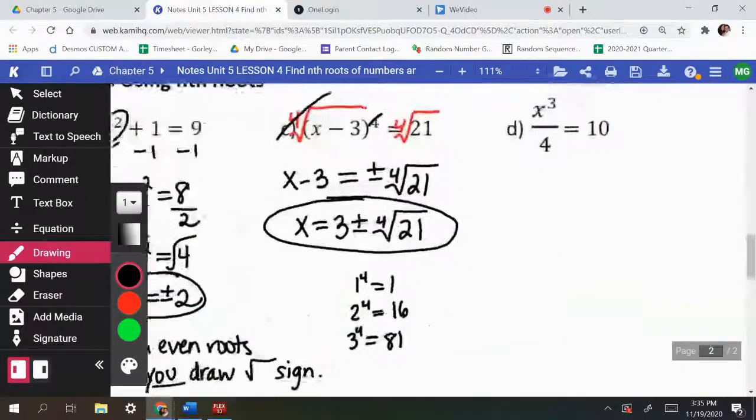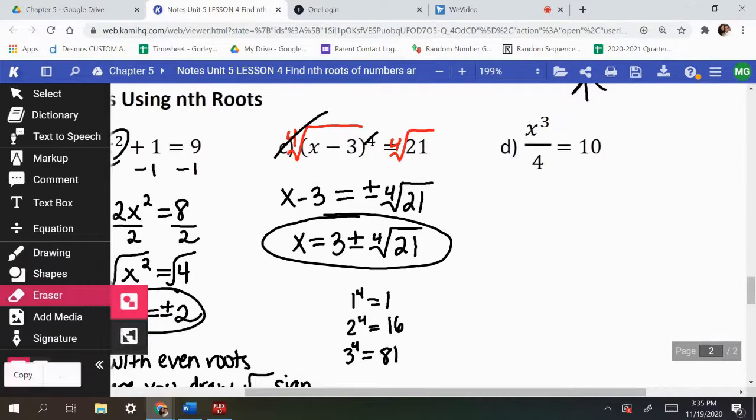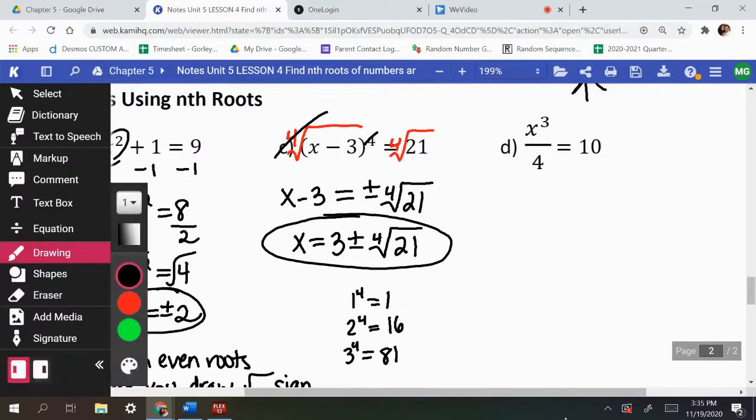All right, in part D, I'm going to start by getting x cubed by itself. Right now it's being divided by 4. So to get it by itself, I'm going to be multiplying both sides by 4. Whatever I do to one side, I have to do to the other side. So we get x cubed equals 40. What is the opposite of cubing something?